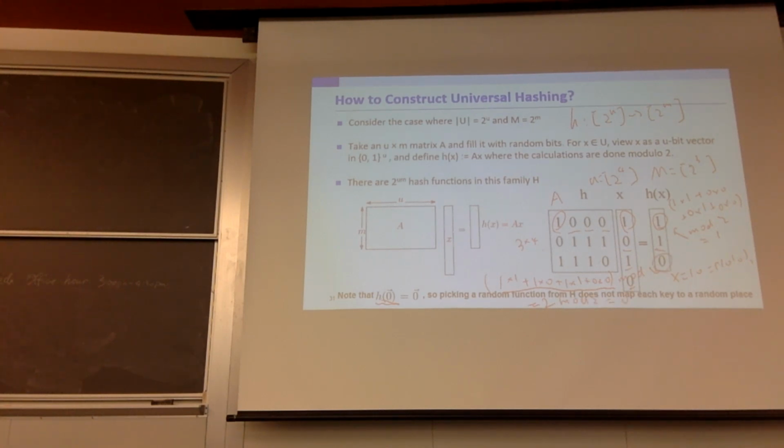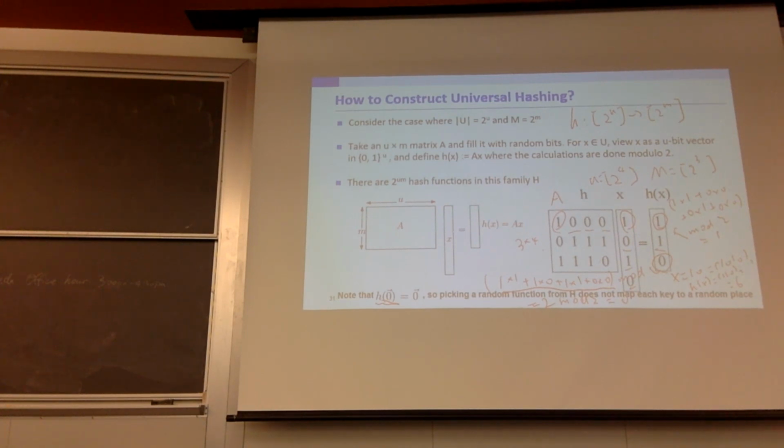That explains why the last digit is 0. So finally, h of x is 1, 1, 0 in binary, and translated to decimal, it's 4 plus 2, which is 6. This is how to use this matrix as a hash function.